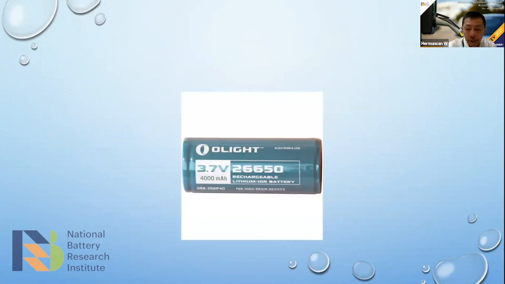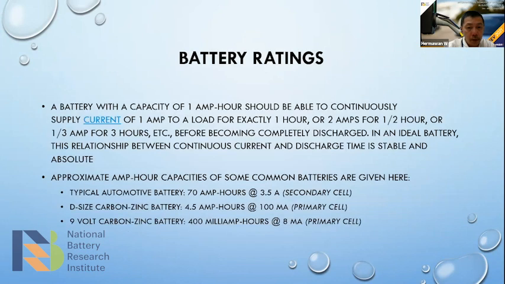This kind of cell, just as an example, you have to see. And there are so many kinds of battery ratings. Before we know 1 ampere hour, we must understand what the 1 ampere hour is under: 1 hour, or half an hour, or maybe 3 hours, or any other. This is also different, especially in the automotive battery.